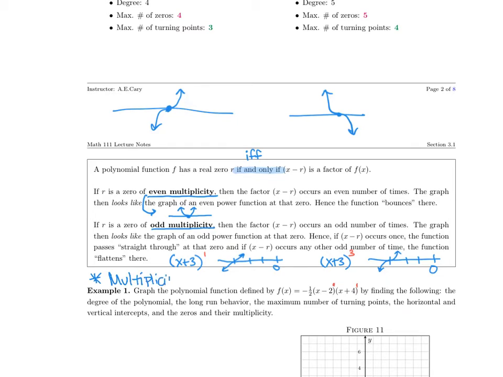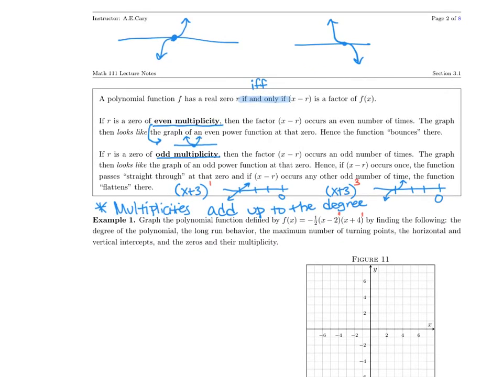Multiplicities add up to the degree. So this factor has a multiplicity of 1, this factor has a multiplicity of 1. This negative 1/2 is the leading coefficient, you don't need to worry about that. So 1 plus 1 is going to give me a degree of 2.